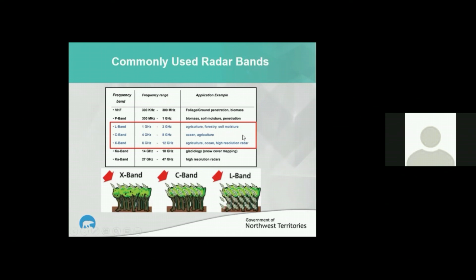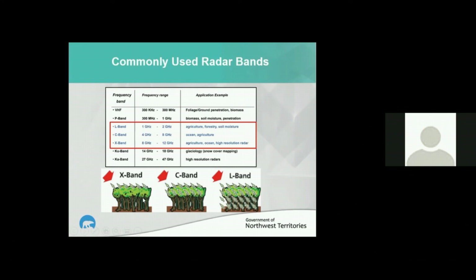this slide shows the commonly used radar bands, which are L-band, C-band, and X-band. And so most of the remote sensing instruments use these three bands. And the difference between bands is not only the wavelength, but the characteristics of the wave, depending on the frequency.